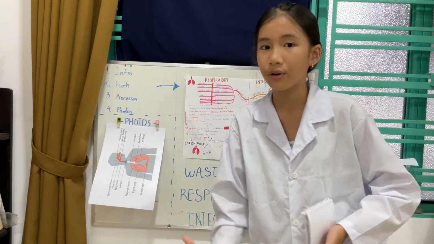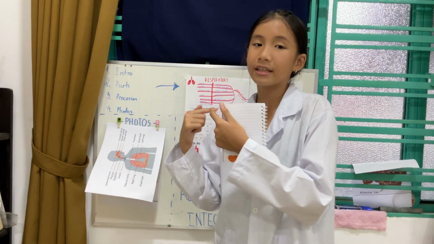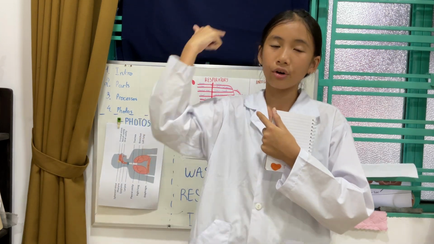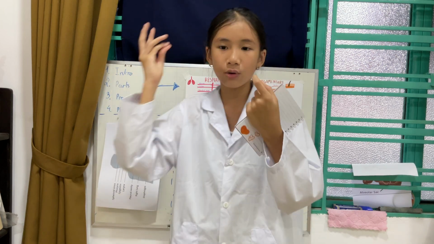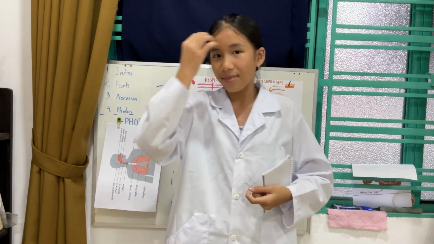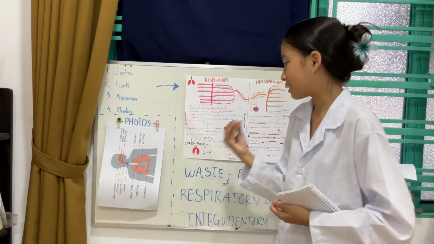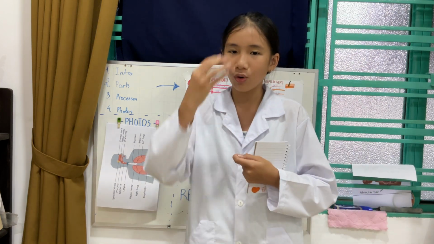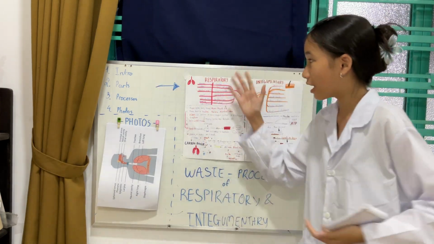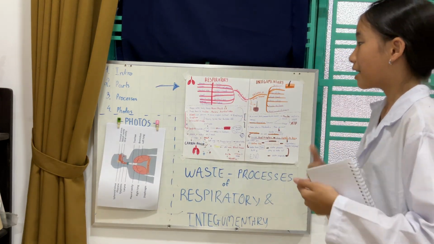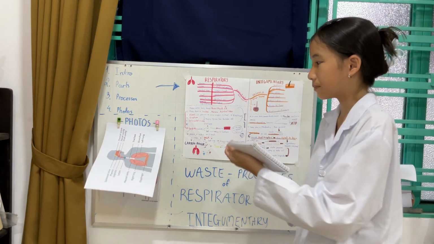When it goes through the organs, they will take out all the nutrients, and what's left is the waste. And that little particle called CO2 or carbon dioxide will go through the bloodstream into the sac again, and then out of our lungs into the pharynx.